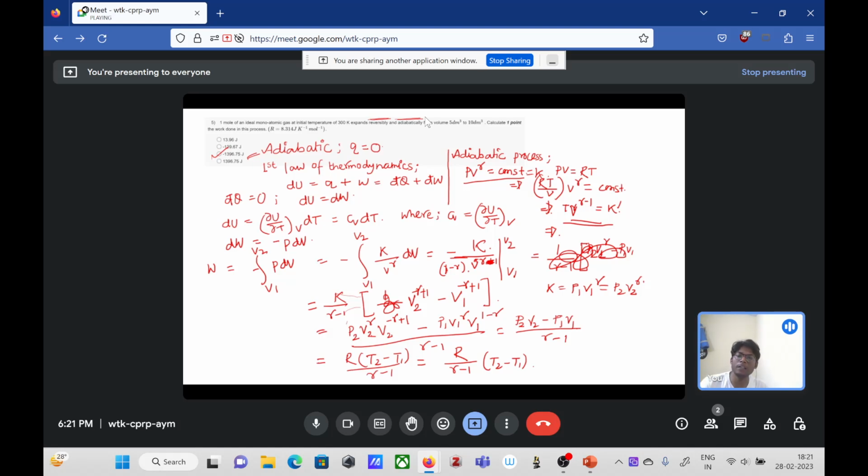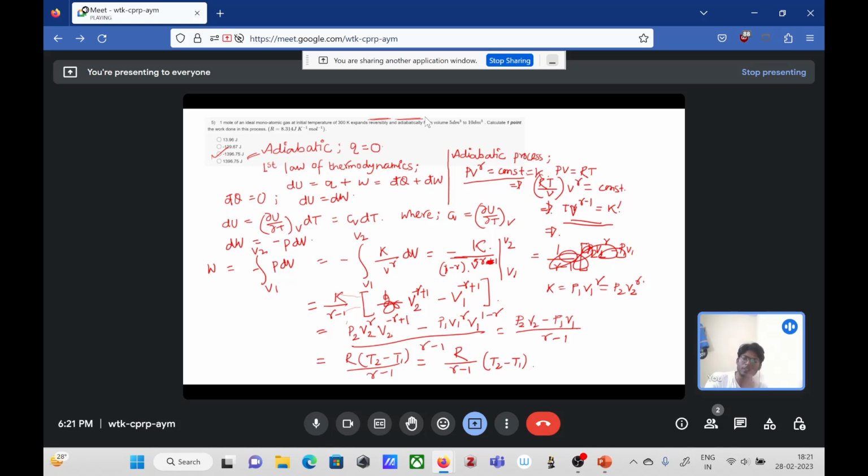From the first law of thermodynamics, we know that the change in internal energy happens from two fronts: one is the heat, and the other is the amount of work done. From that perspective we can write dU is equal to Q plus W, or in other notation dU equals delta Q plus delta W. Since dQ is 0, delta U is equal to delta W. So the change in the internal energy is the amount of work done.